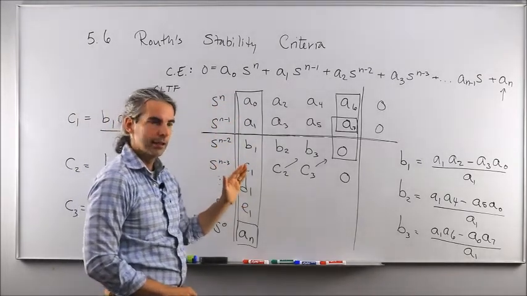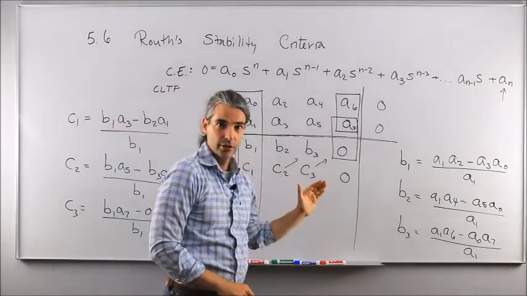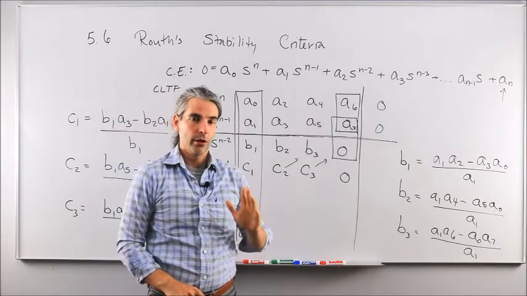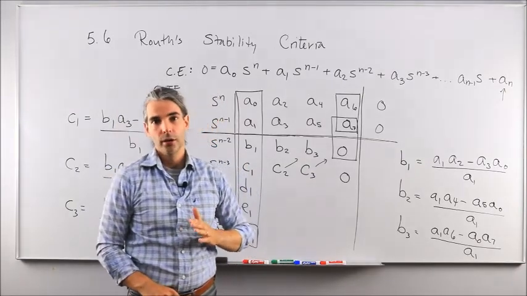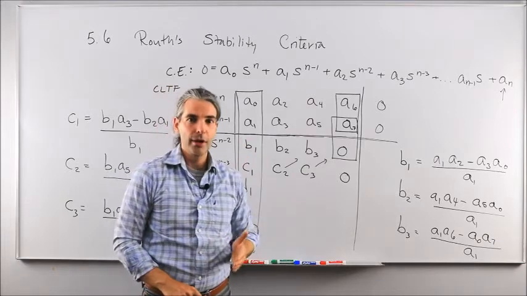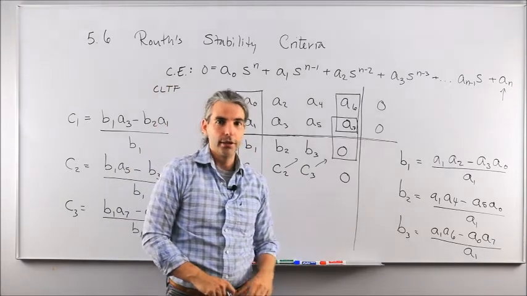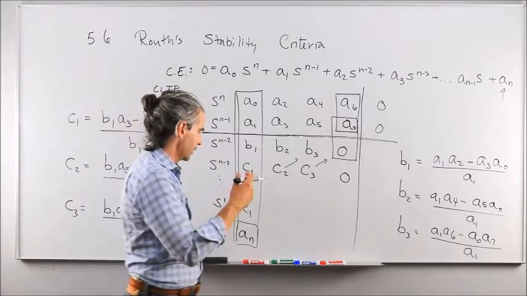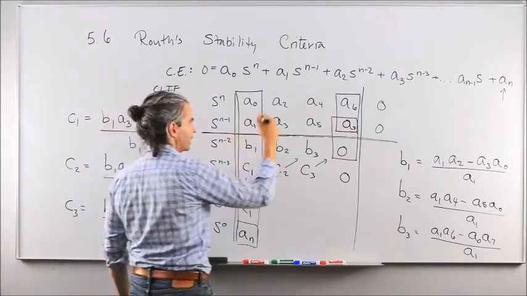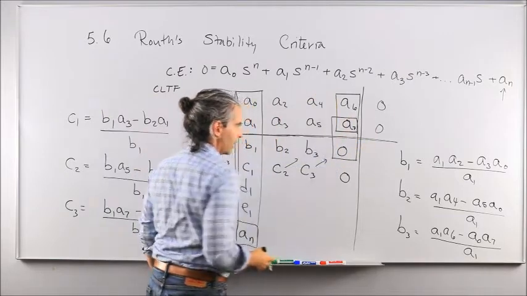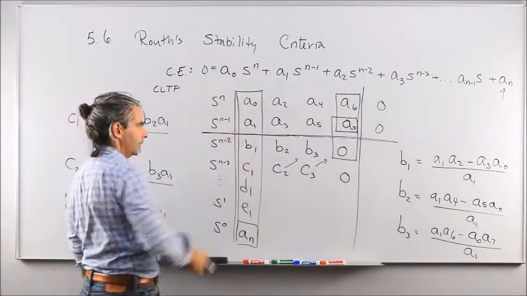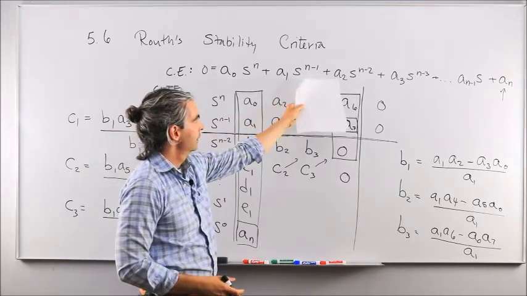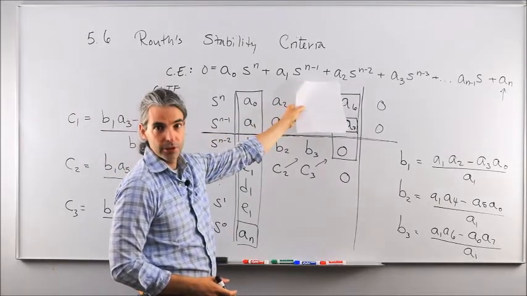And whenever you're going to hit the sign change, that's going to be an indication that there's going to be one root or one pole, which is going to be either on the imaginary axis or on the right-hand side of the complex plane. Oh no, sorry. It's going to indicate that you're going to get a pole in the right-hand side of the complex plane, and therefore it is going to be an indication that this is related to an unstable system.